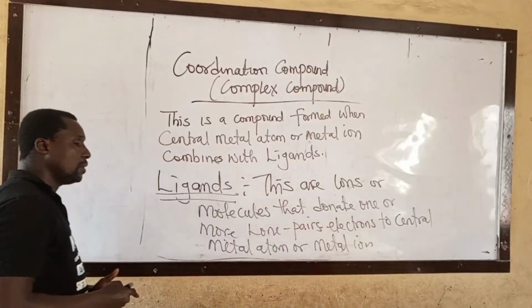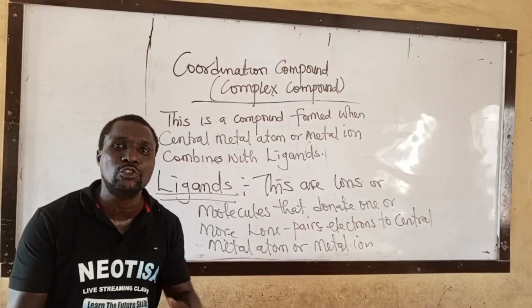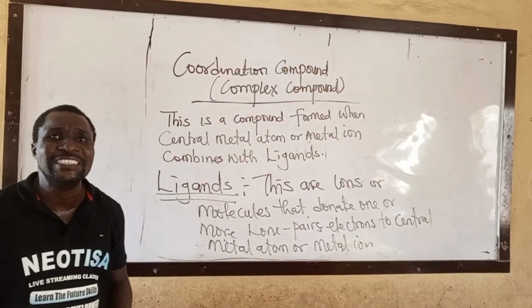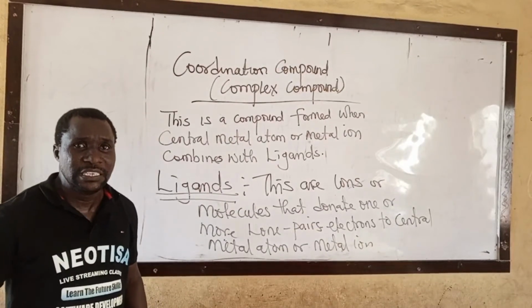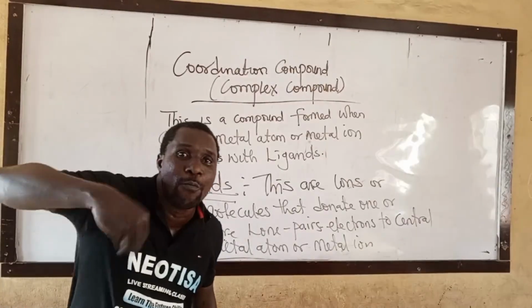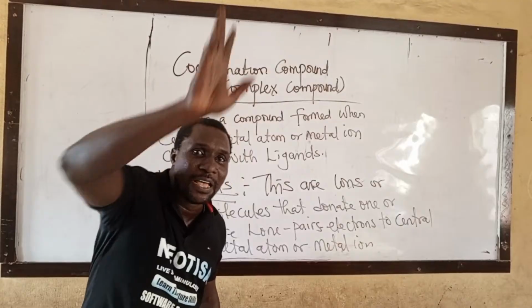Take note. Ligands have excess lone pair electrons to donate. If they ask you, what is a ligand? These are ions or molecules that have excess lone pair electrons to donate to the central metal atom.